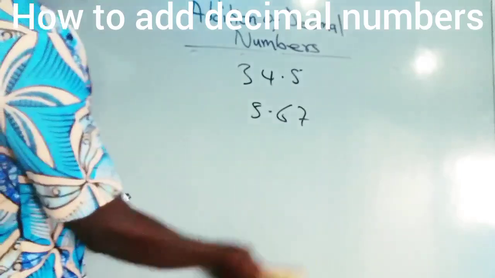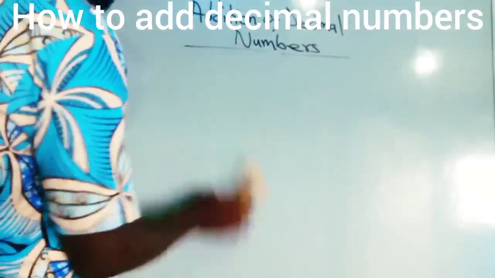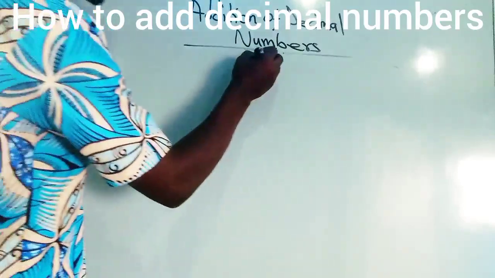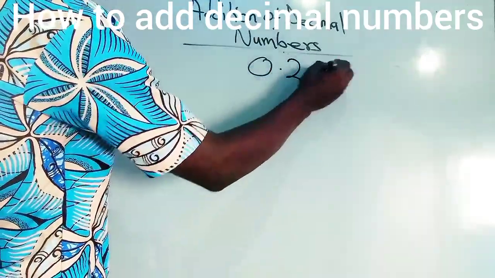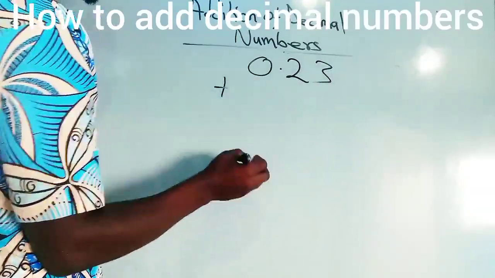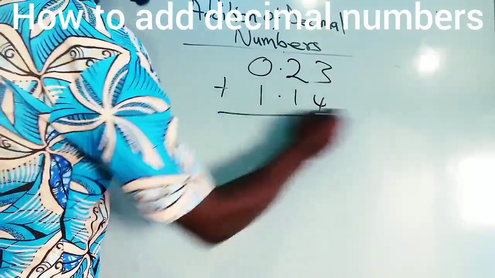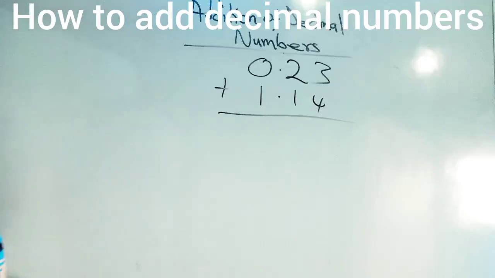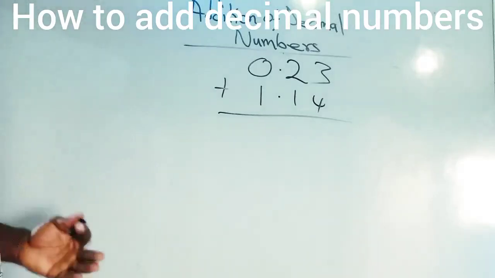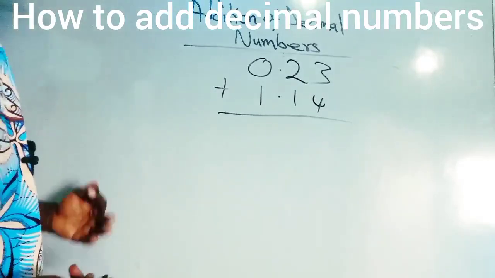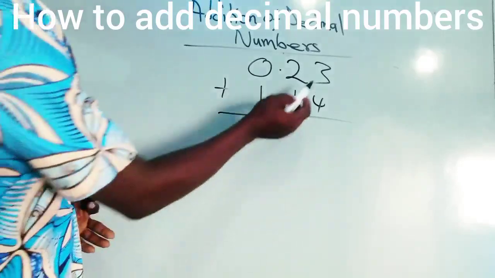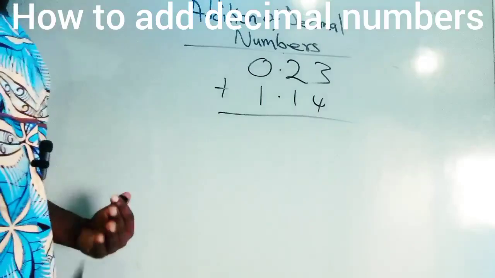So let's look at example 1. Example number 1. So we have 0.23 plus 1.14. If you have something like this, how do you add them? This is as easy as anything else you've been solving all this while. 3 plus 4 should just give you 7.